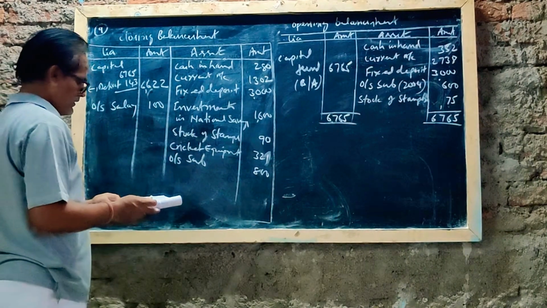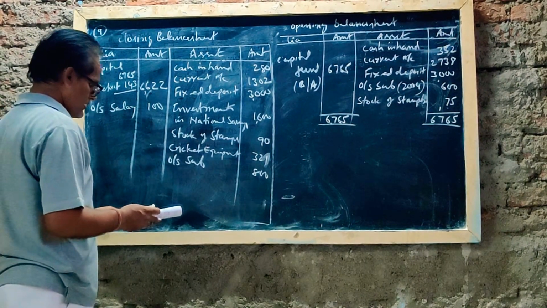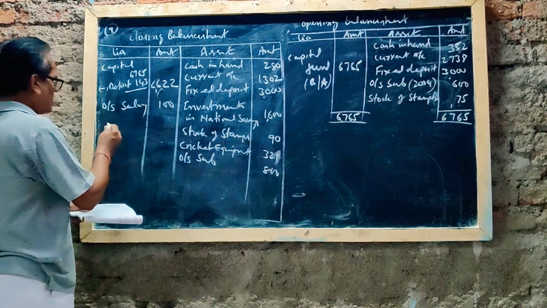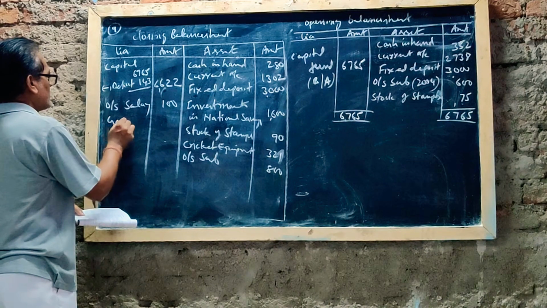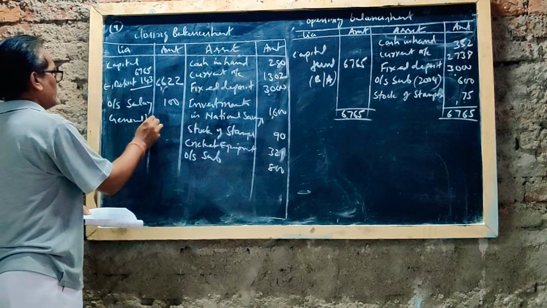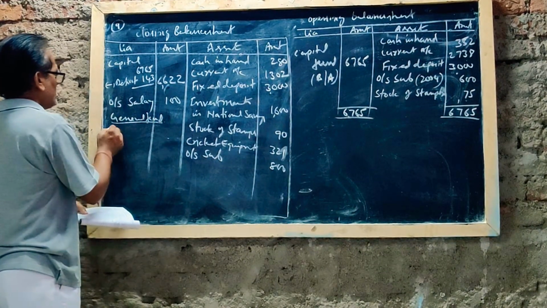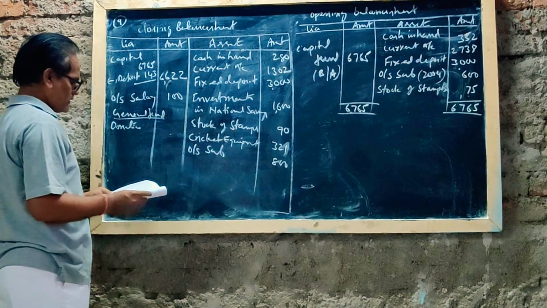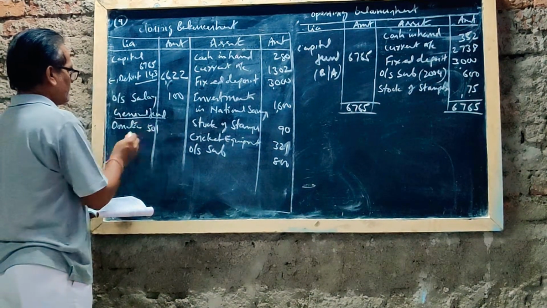Now here, point E, club donations and entrance fees. So that is called general fund. So write here first general fund, underline. Donations 501.